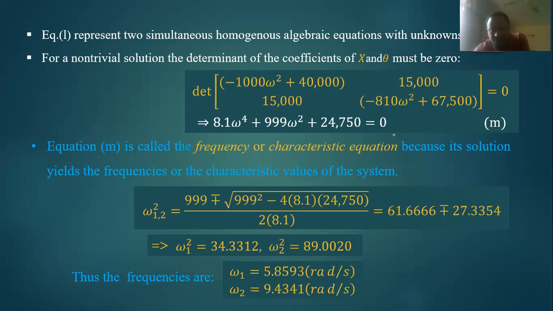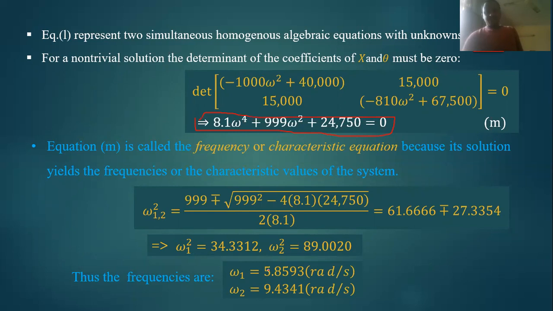So this is the characteristic equation for the whole system. Taking this characteristic equation, we find the two natural frequencies, omega1 square and omega2 square. Omega1 is found to be 5.8593 and omega2 is equal to 9.434. So these are the frequencies.